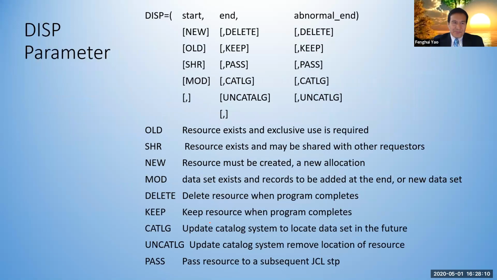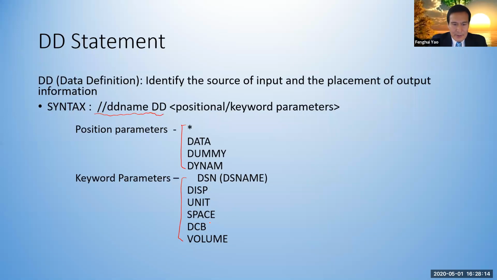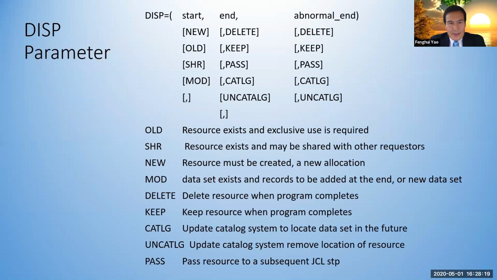All right. Next is the disposition parameter. The parameter syntax is like this: equal, parentheses, start, end, and abnormal.